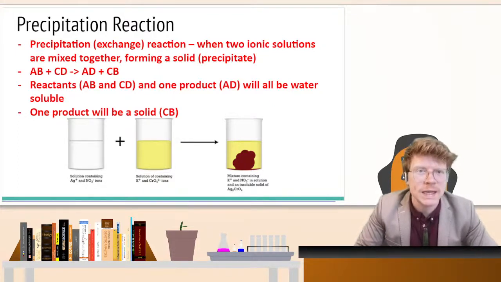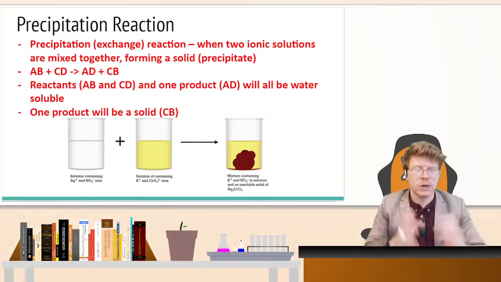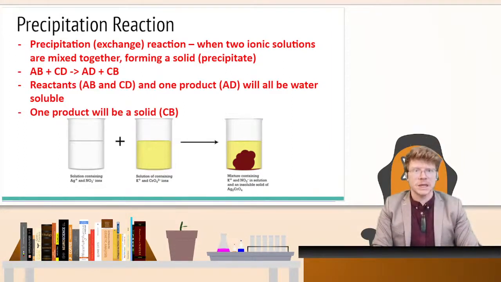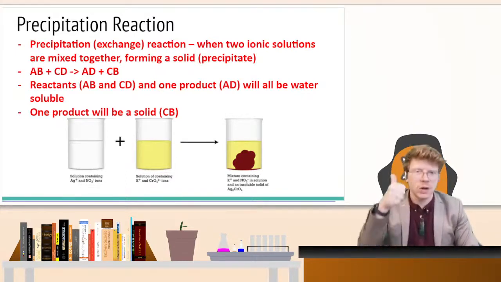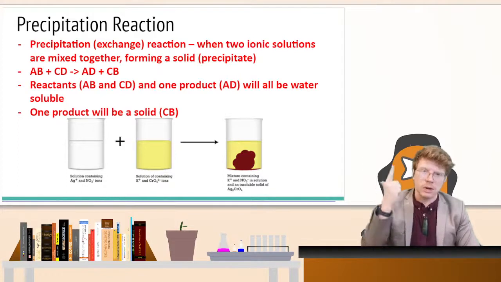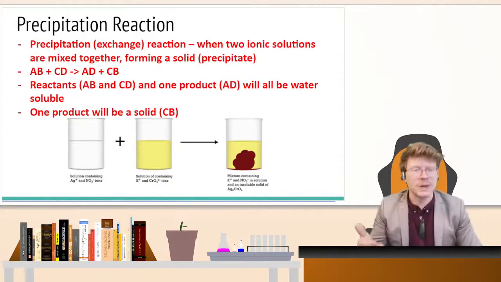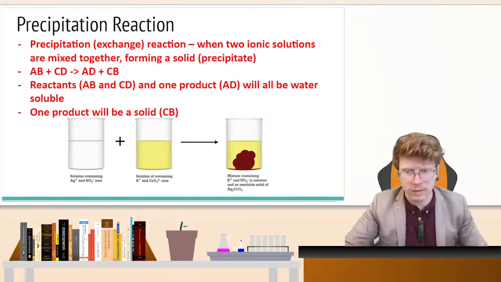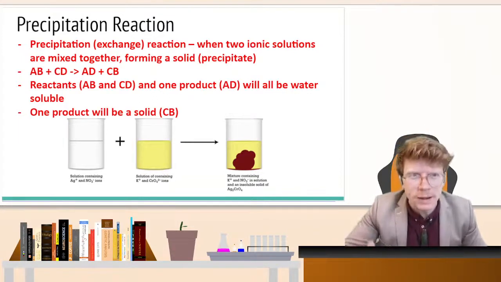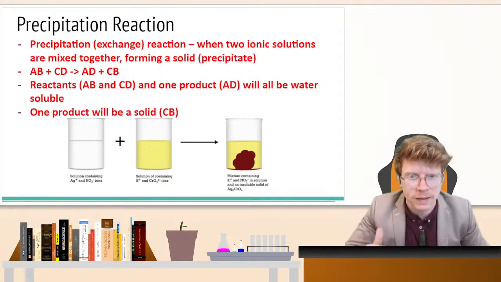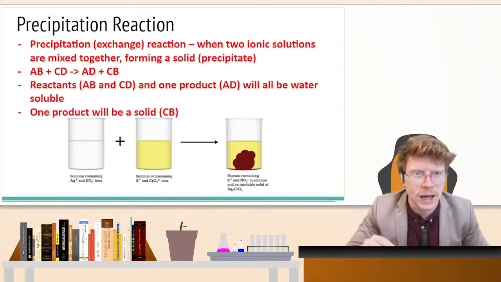If you see a solid being formed between two aqueous solutions, you know it's a precipitation reaction because a precipitate has been formed. Hopefully we remember the terms soluble, solute, solution, precipitate. These are all terms we need to be using when we're describing these. How do you tell what the precipitate is? Which of our two compounds that are formed is the precipitate?